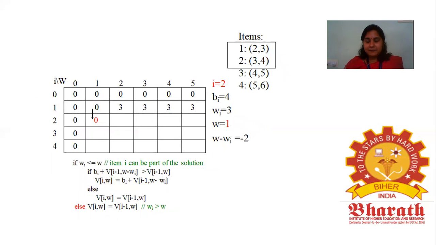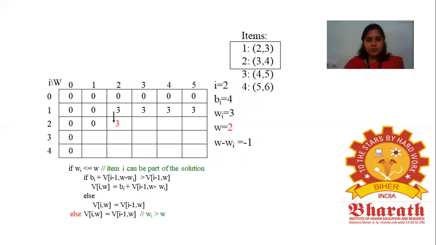Next, the first object has been inserted into the knapsack. So next, I'm going with the second object. If I go with the second object, i equal to 2, what is my profit? Profit is 4. So I have to place the object only in the 2 comma 4 place, not anywhere in between. So I have to mark those as 0 and copy the same values from the previous row.